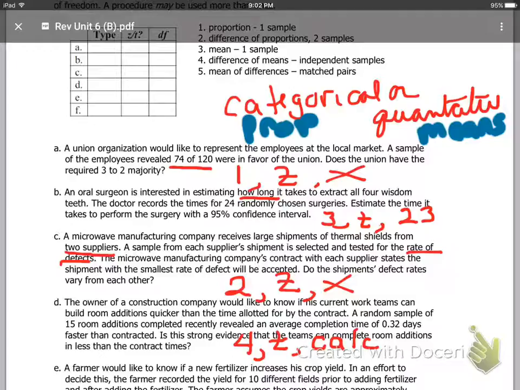Okay, E. E talks about a farmer fertilizing. And okay, I don't have all the problem here, so I apologize for that. I'm looking on my sheet of paper, and it says prior to adding the fertilizer, 10 different fields prior to adding and after adding, okay?